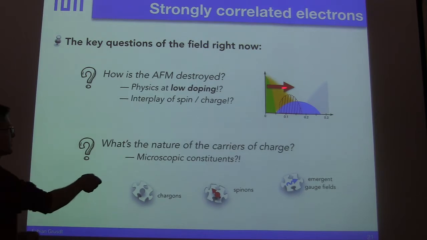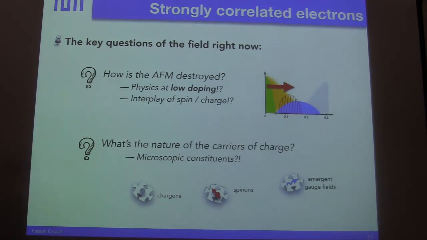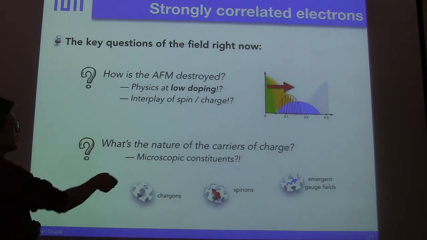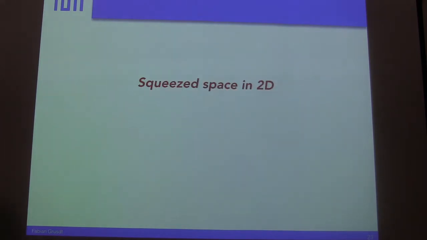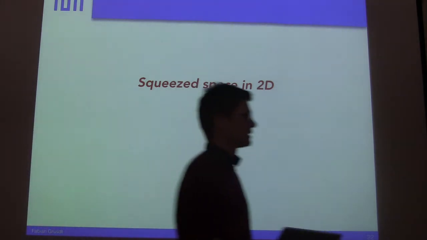It's clear that some decent antiferromagnetic correlations survive as you go here, but it's not clear how long the system is close to this antiferromagnet at low doping. And related to this is the question: what are actually the carriers of charge in this regime? That's a question we now start to address by looking at single holes in the antiferromagnet and so on.